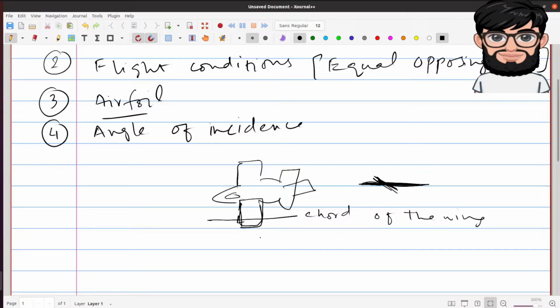And the second one is, sorry, the angle of incidence is actually this angle, right? You can call this the longitudinal axis of the airplane.